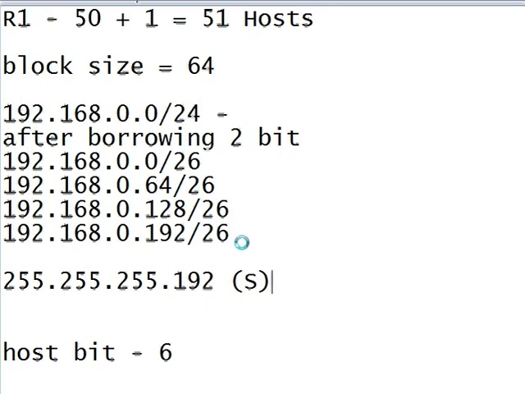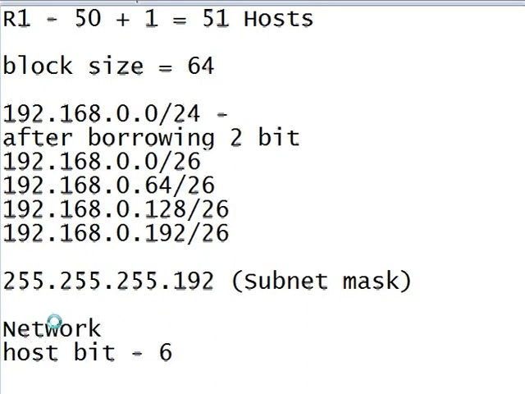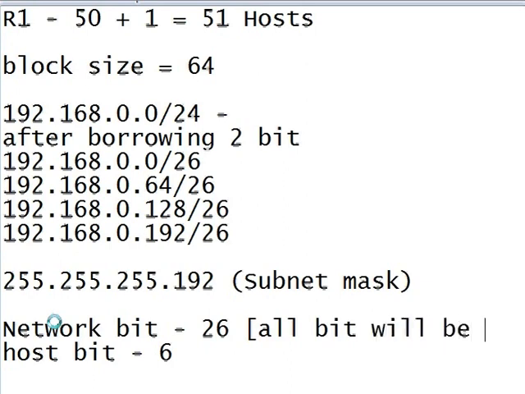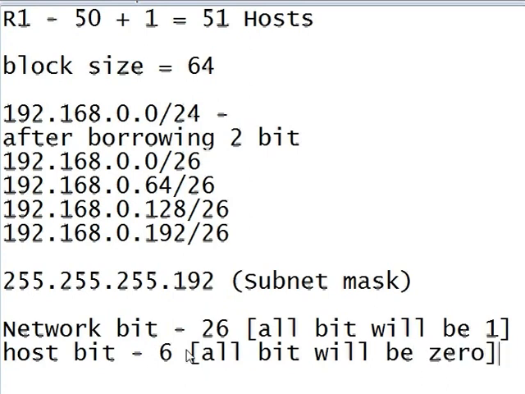Because my host bits are 6, so 26 is now the network bits. Calculating the network bits, these 26 bits will all be 1, and the remaining bits will all be 0. That is how we calculate the subnet mask.